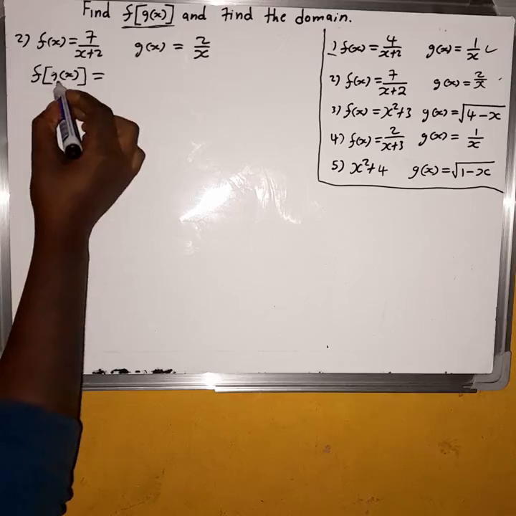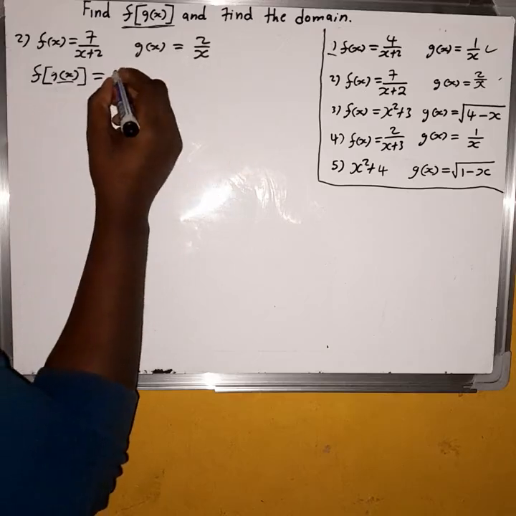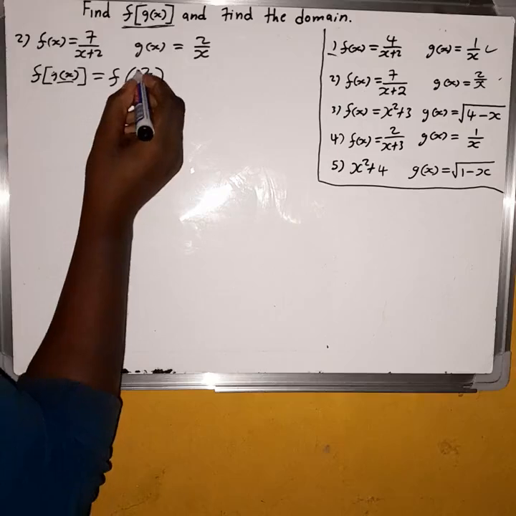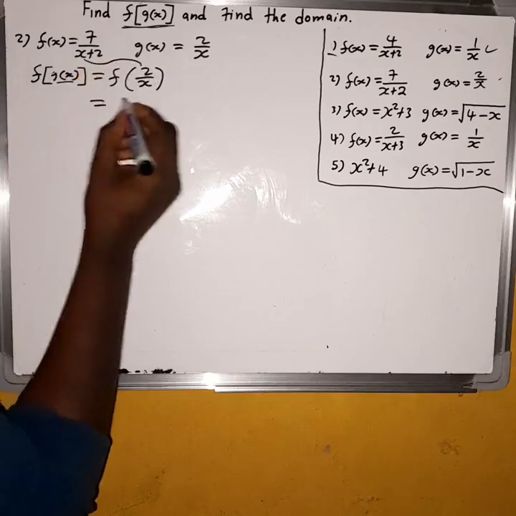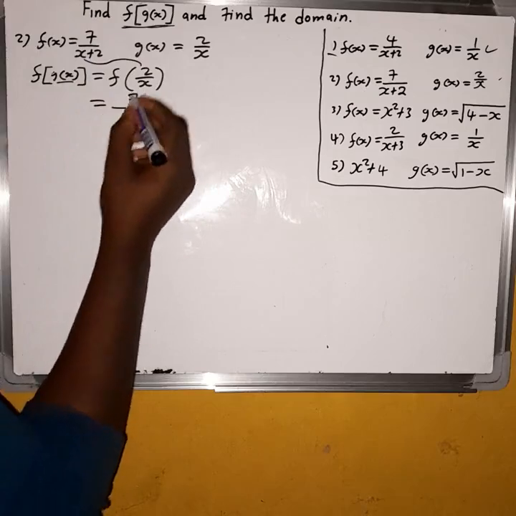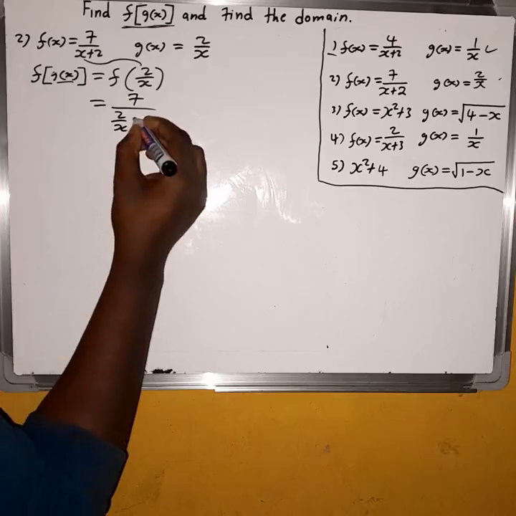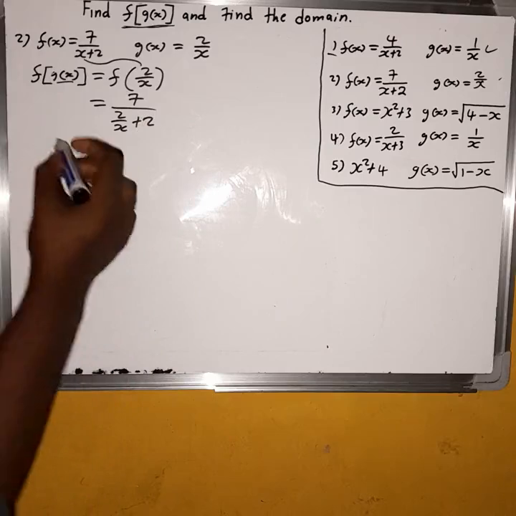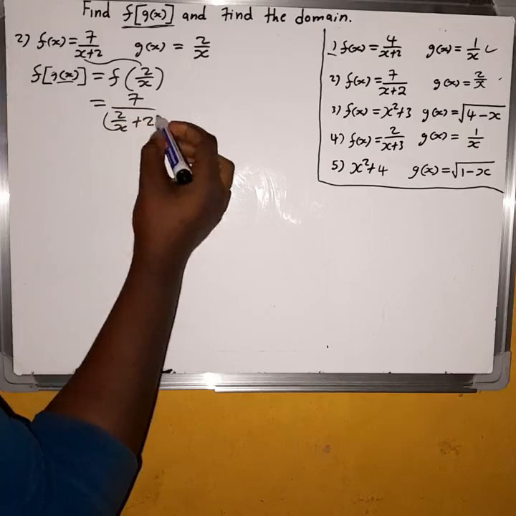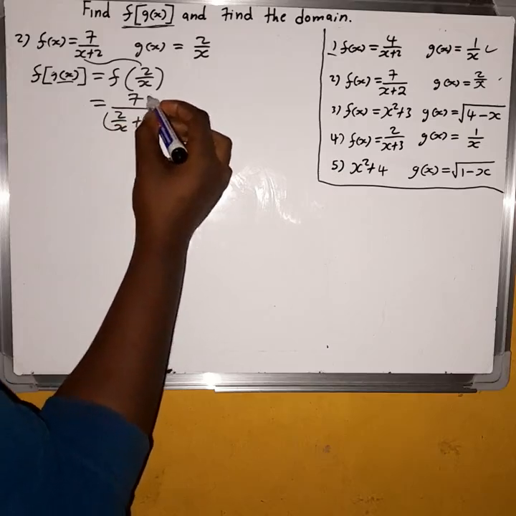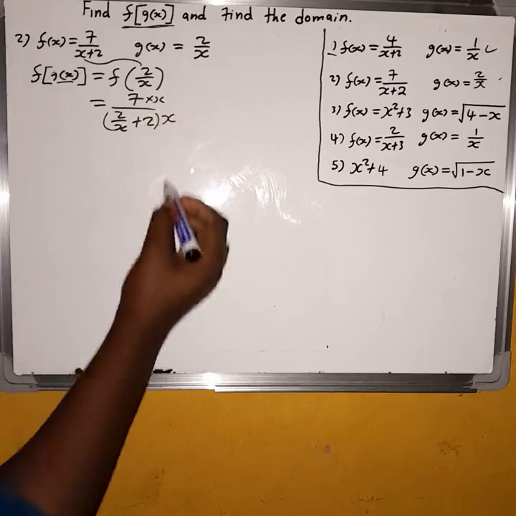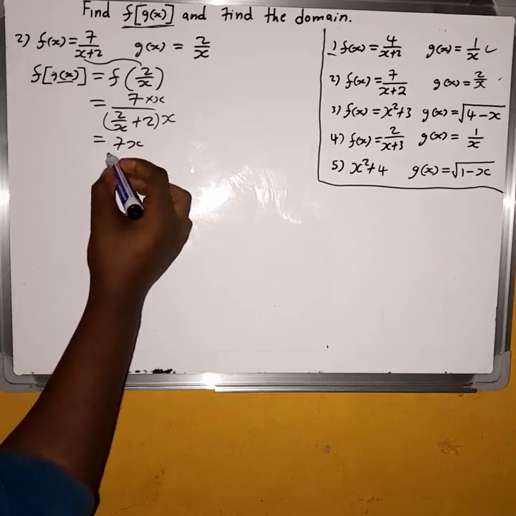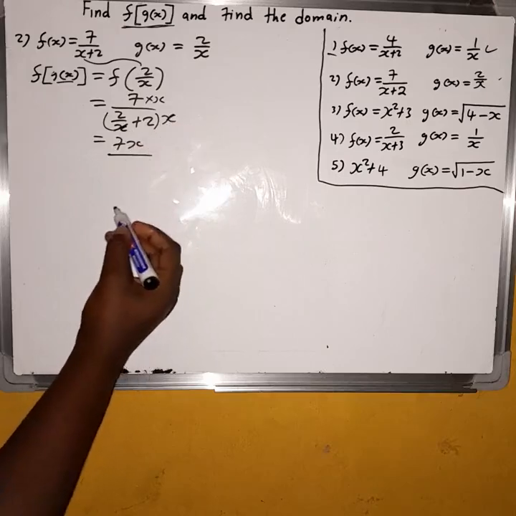This is called substituting this with that. Take this there: 7 over 2 over x plus 2. Then multiply by x, so 7x into this, and this will cancel there.